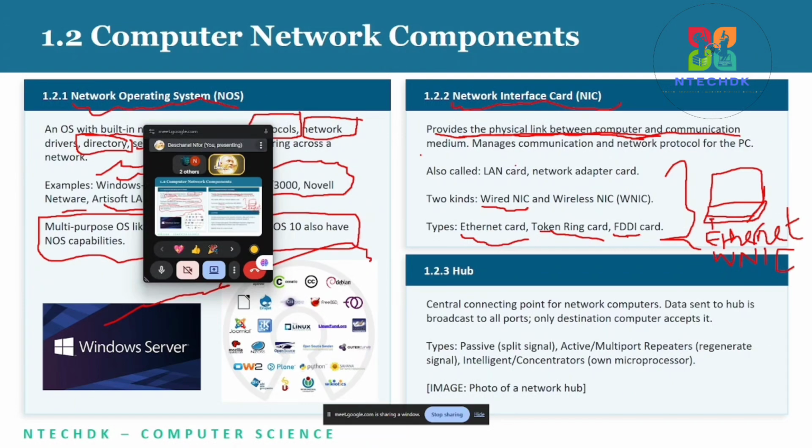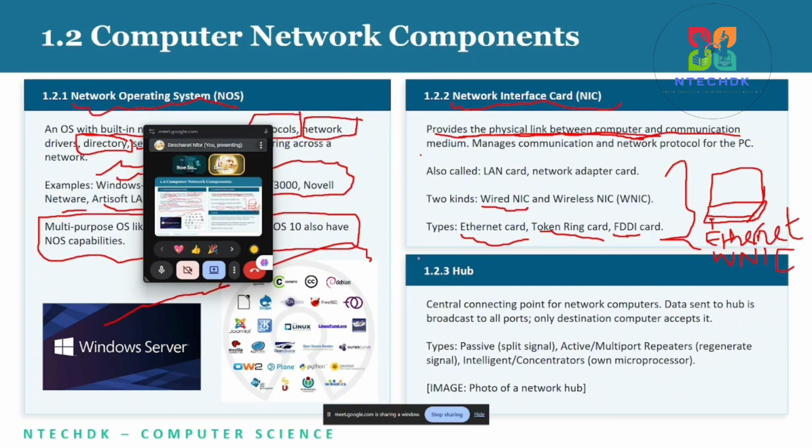What provides the physical link between the computer and the communication medium is what we call the NIC, right? Yes. So how does the computer receive the signal? It's through the NIC, but it receives it from the medium. Without the NIC, you cannot even connect the medium to the computer. So the NIC is very important.